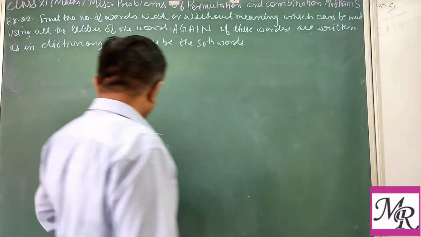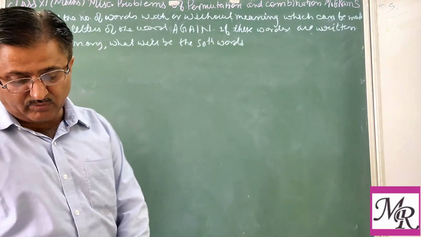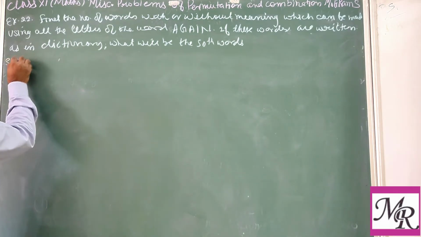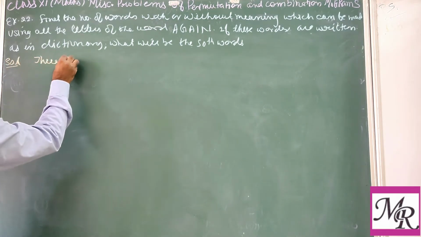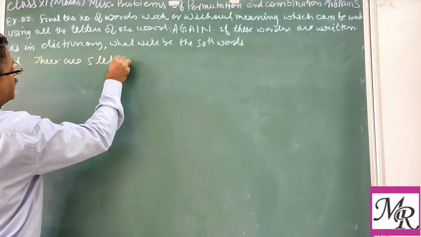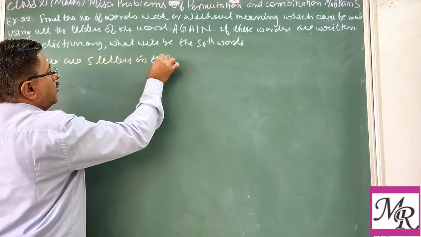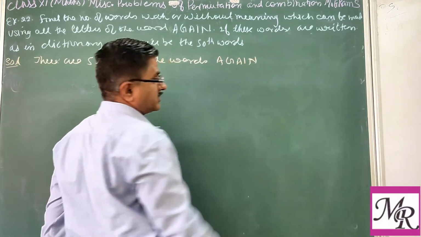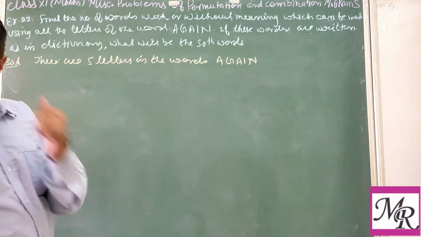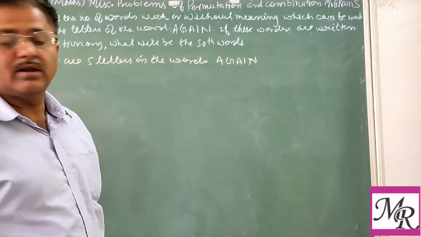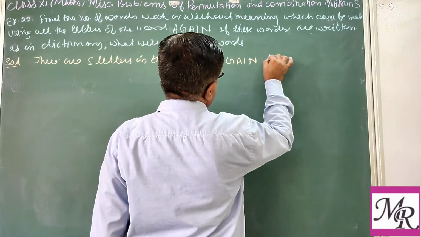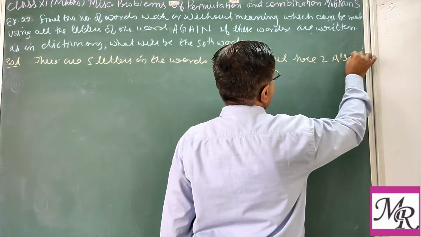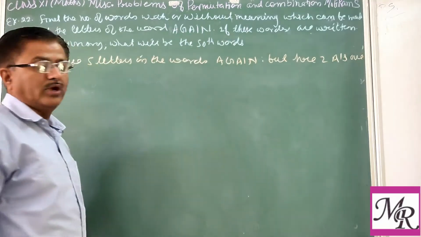You can see here, the first part is directly without any restriction. In the solution you write: there are 5 letters in the word AGAIN, and we are using all at a time. So there is no selection. Clear? We are using all letters, but here repetition is there. Here we have 2 A's.